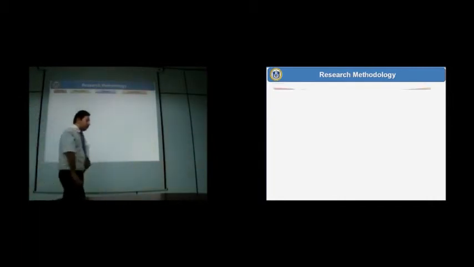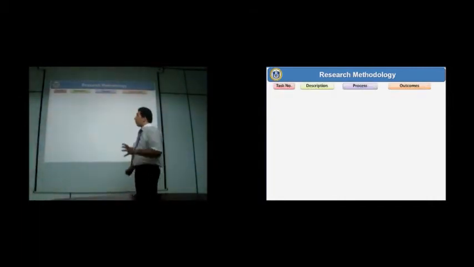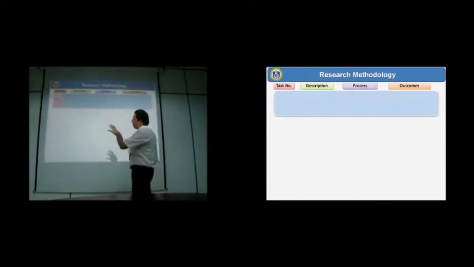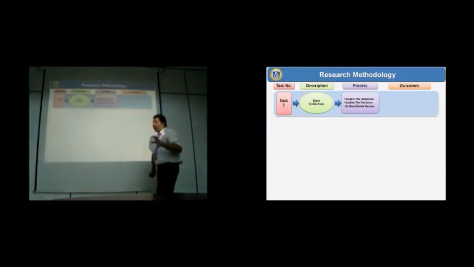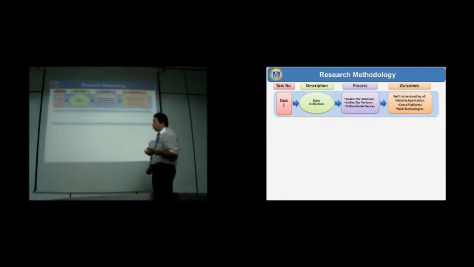The research methodology. In our research, we follow a methodology that consists of 4 tasks. The first task is data collection, which is to review the literature, outline the platforms, and outline the mobile devices. The outcome for this task is a full understanding of mobile applications, cross-platform, and web technologies.